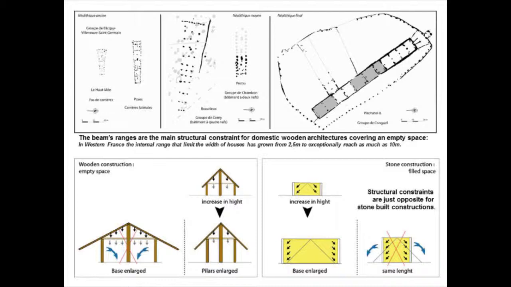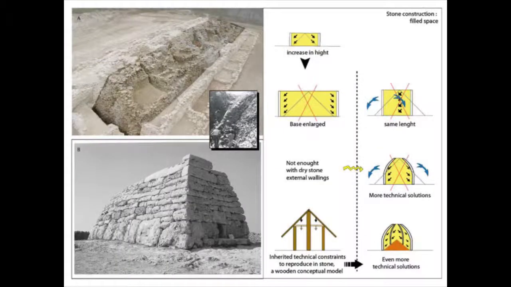And what we can see is, if you enlarge the base, it should collapse. But if you have the same length, it should collapse also for stone construction. That's why perhaps it could be necessary to have more technical solutions.